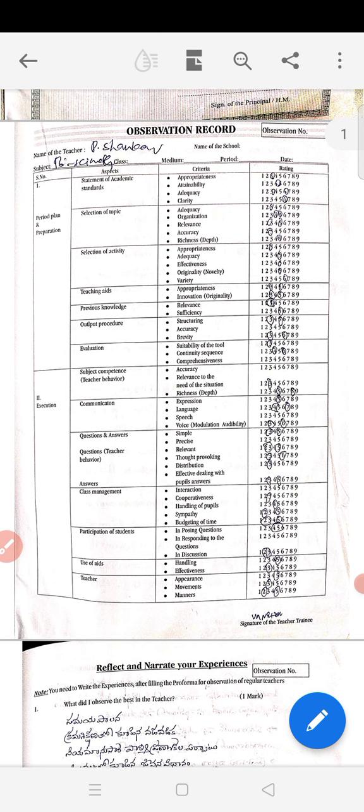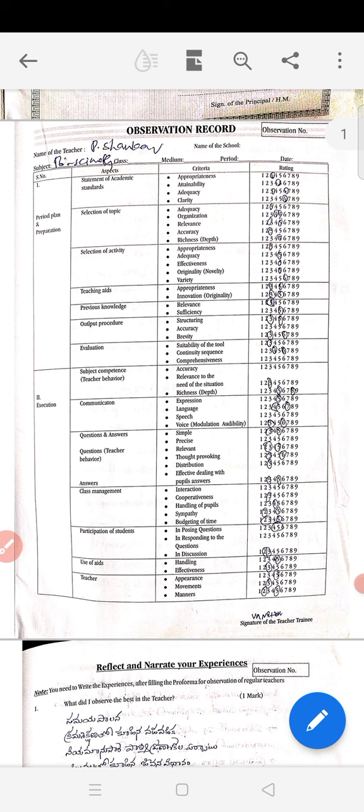Here, the first one is subject competence and teacher behavior. Whatever topic is selected by him, whether the teacher is competent about that topic or not, and how the teacher is behaving in the classroom according to the topic.